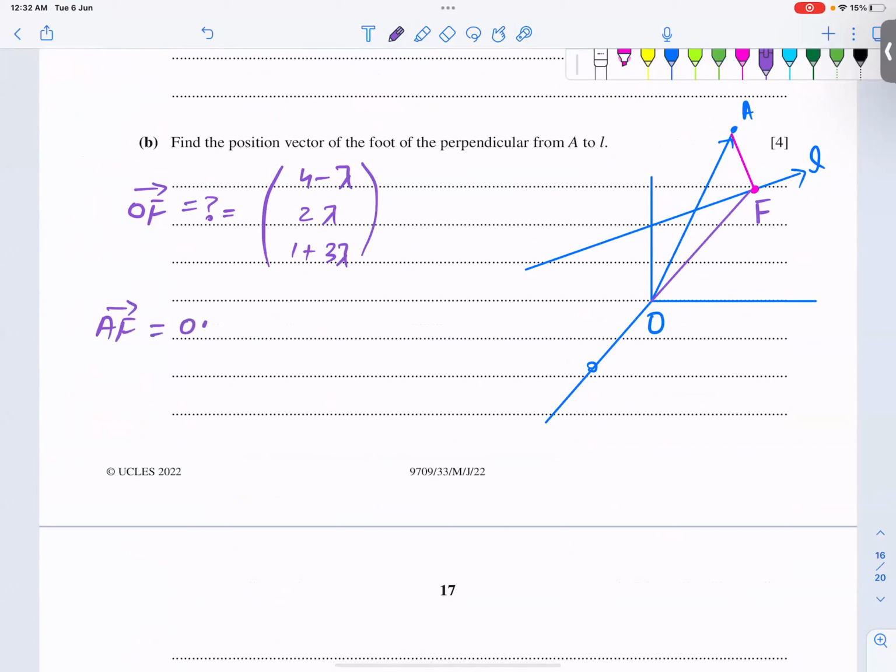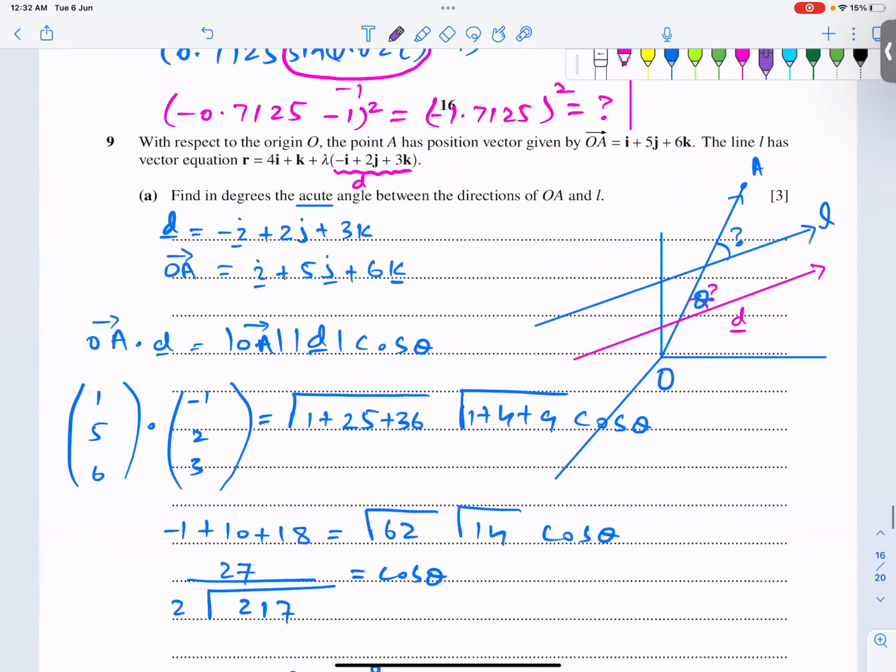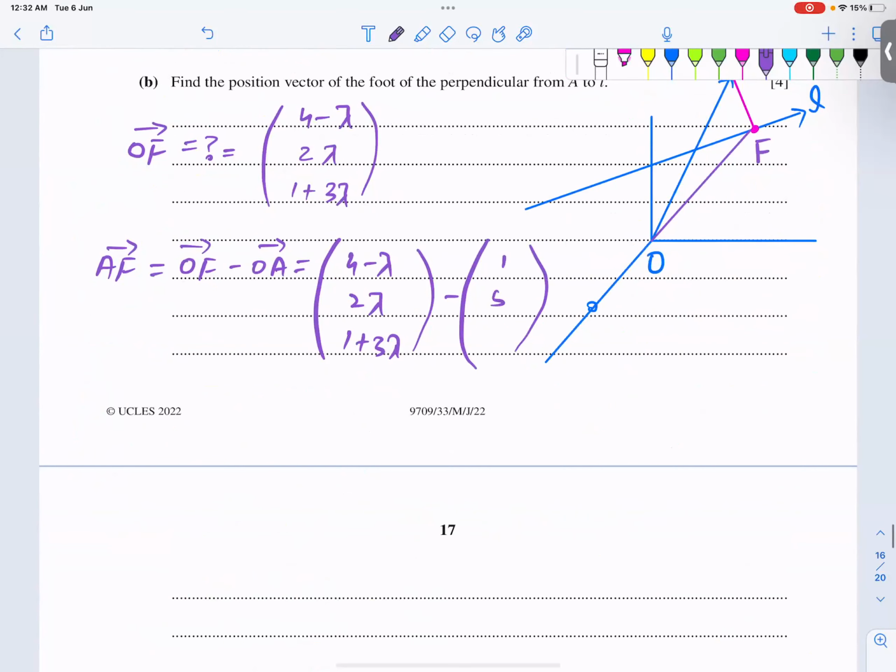AF will be OF minus OA. OF was (4 minus lambda, 2 lambda, 1 plus 3 lambda) minus OA, which was (1, 5, 6). This will give you 3 minus lambda, 2 lambda minus 5, 3 lambda minus 5.